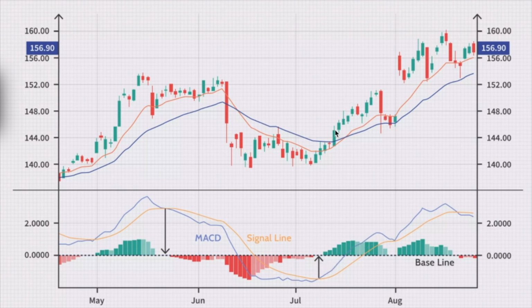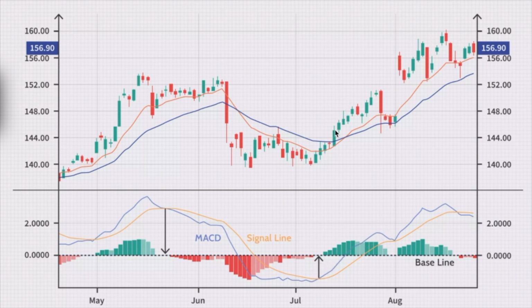The fourth important stock indicator that you probably should know is the stochastic indicator. The stochastic indicator is very similar to the RSI. It determines whether a stock is typically overbought or oversold. It's also, like the RSI, a number between 0 and 100.